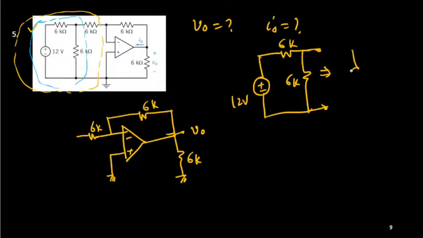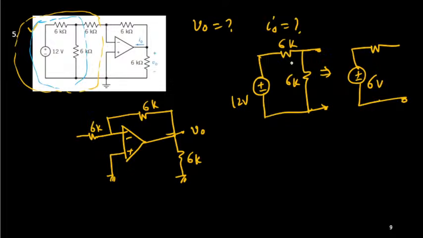Can I find one Thevenin voltage and one Thevenin resistance? The open circuit voltage is equally divided, so across 6K you will get half of that, which is 6 volt.